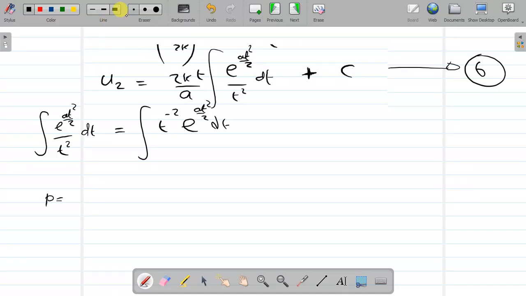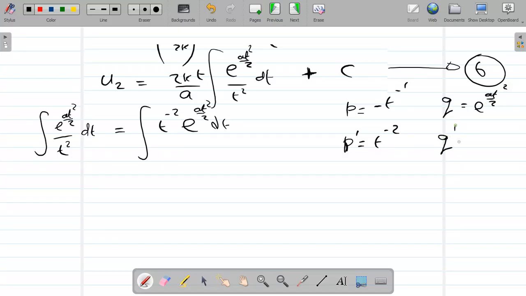So let's erase that and go back to that. We'll put P prime equal to t to the minus 2, and P is equal to the integral of t to the minus 2, which is minus t to the minus 1. And then we choose Q to be e to the a t squared over 2.